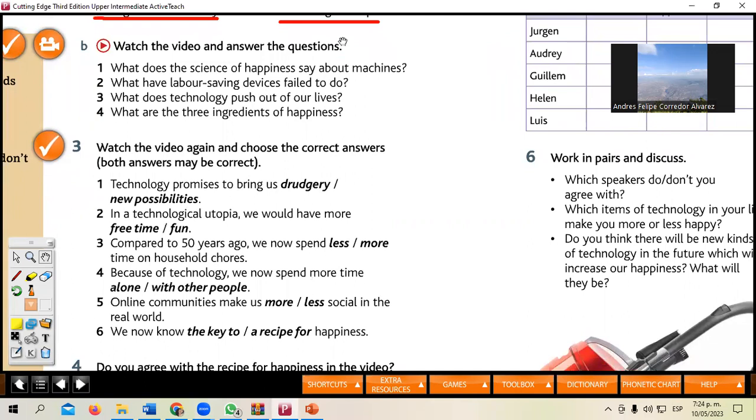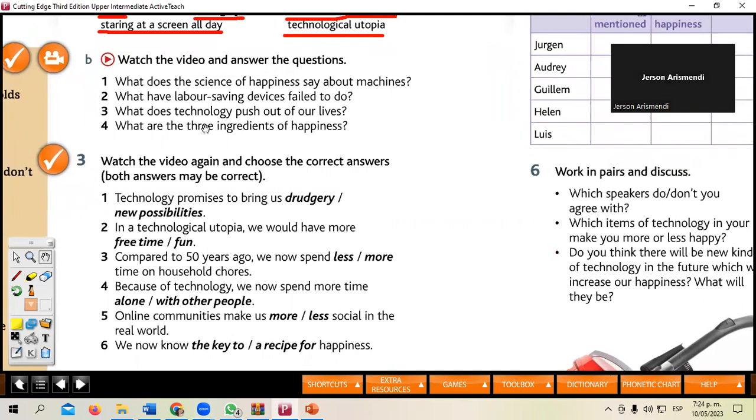Teacher, I'm not sure, but besides the machine increase our ability to do chores. No, not exactly. They have failed to make us happy. Yes, make us happy. Not exactly. We have another precise answer.